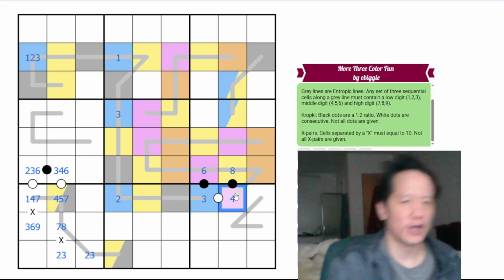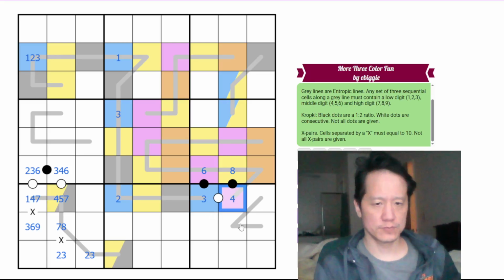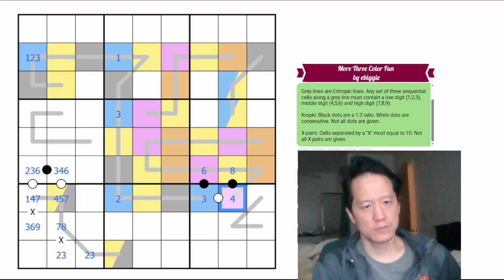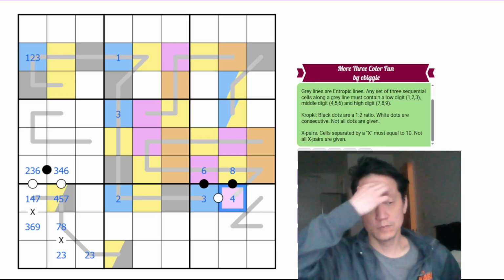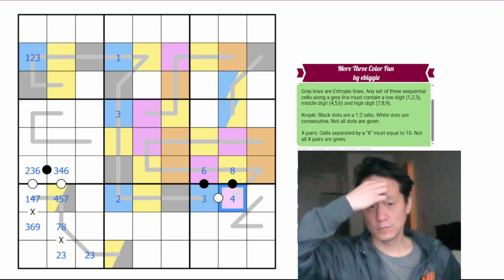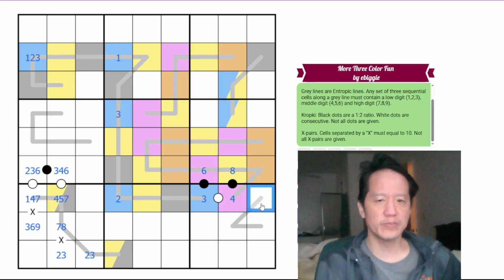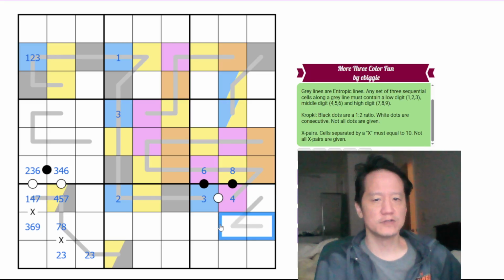So either way, this cannot be low, which means one of these is low.